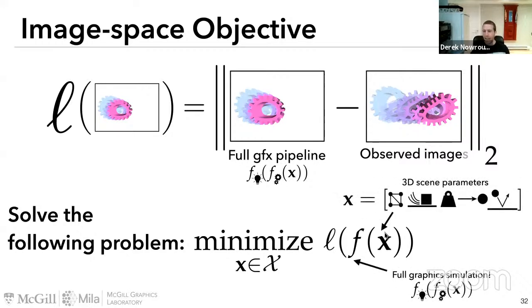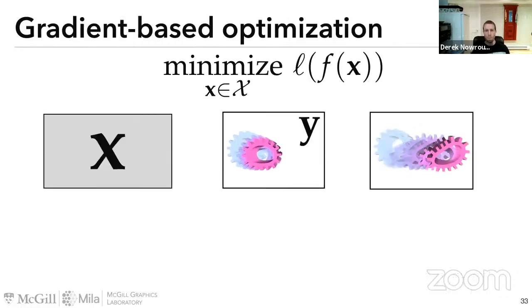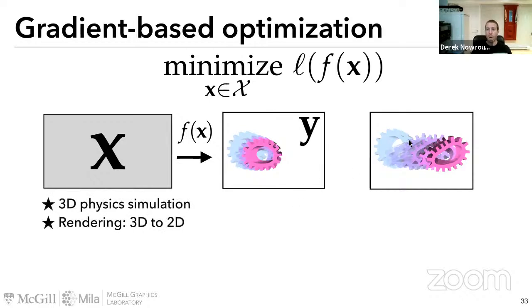The key here is, again, we're learning 3D scene parameters, but only from 2D supervision, and we have the full graphics simulation in the loop. So this is what that minimization problem looks like. We want to solve for X. We can run the full graphics simulation to generate a sequence of images or a single image, and then compute the difference with what we've observed.